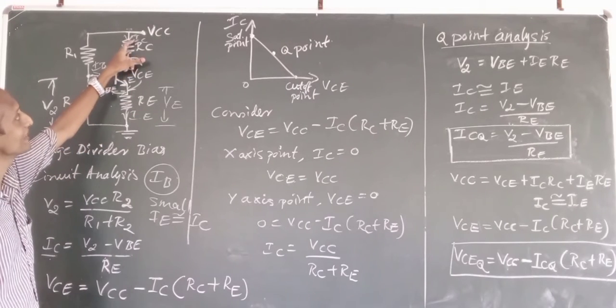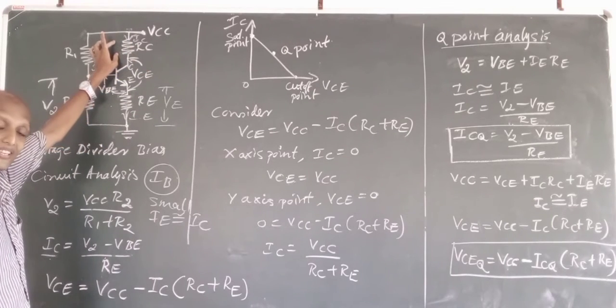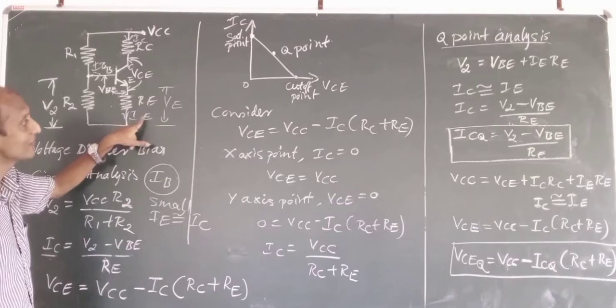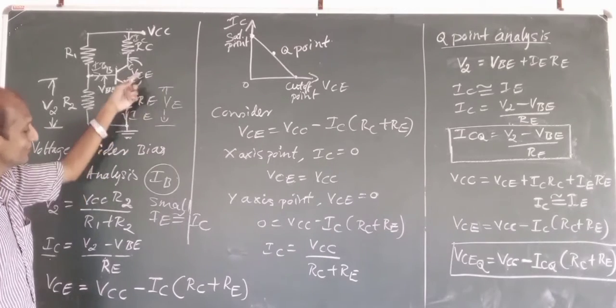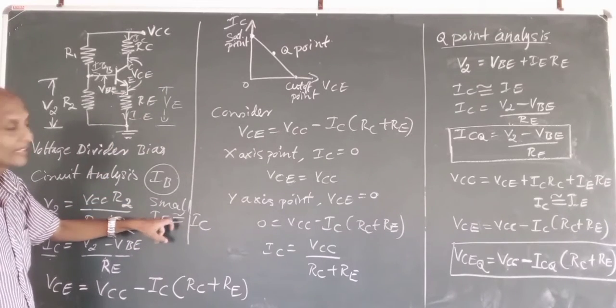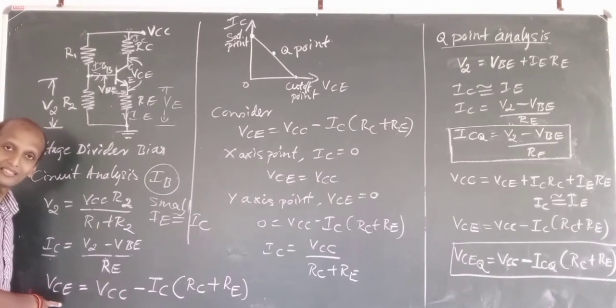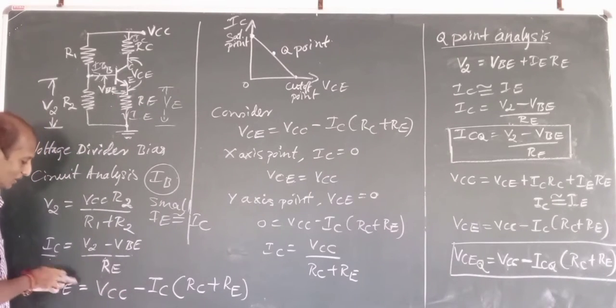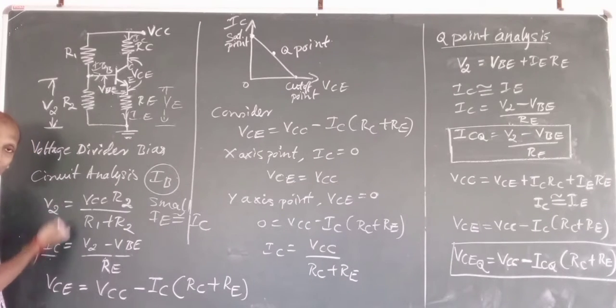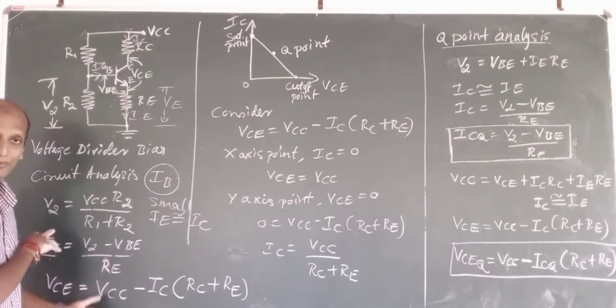So I will write IC RC for VC and IE RE for VE, and as we know that IC will be equal to IE, if I substitute that value, finally I will get this equation. Correct? Is that okay?